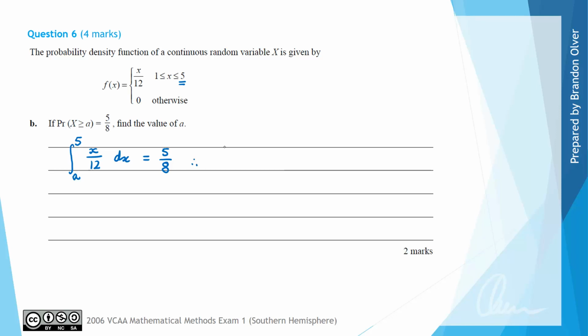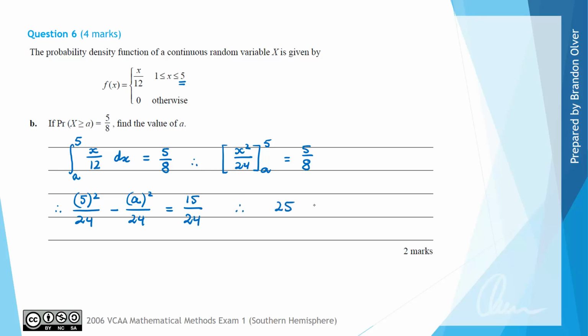Another way of putting that is that the antiderivative x squared on 24 evaluated between a and 5 must also equal 5 over 8. So we find that the antiderivative evaluated at 5 would be 5 squared on 24 minus a evaluated, which would be a squared over 24, equals, and we'll get the common denominator of 24, so it would be 15 over 24.